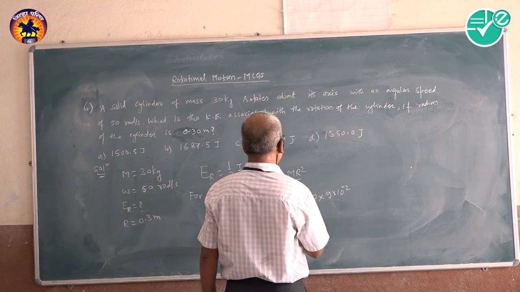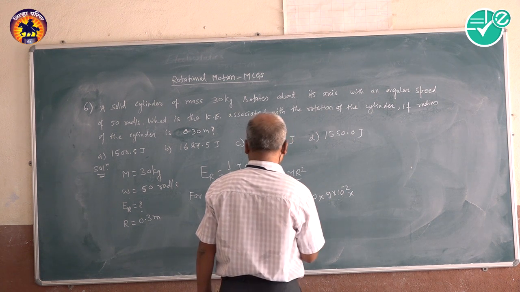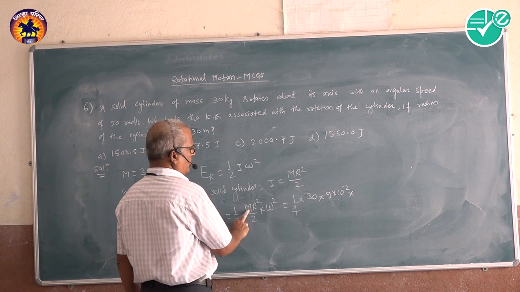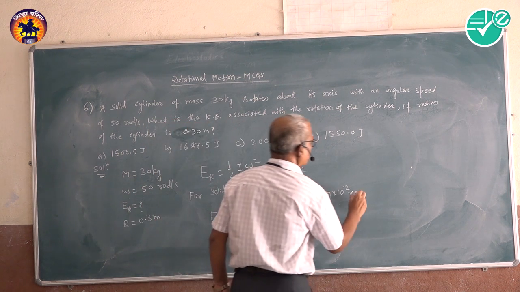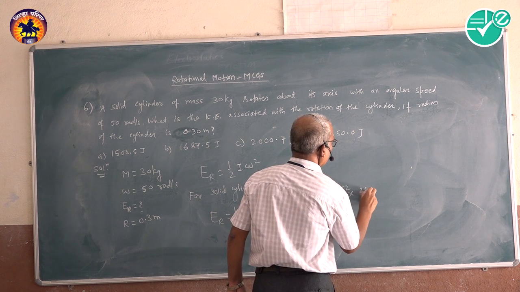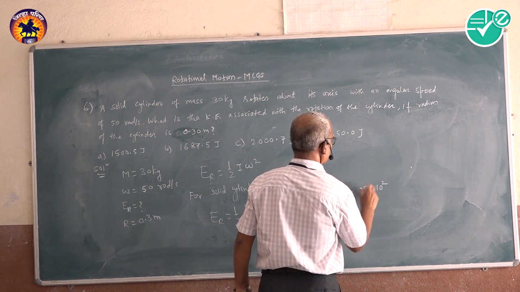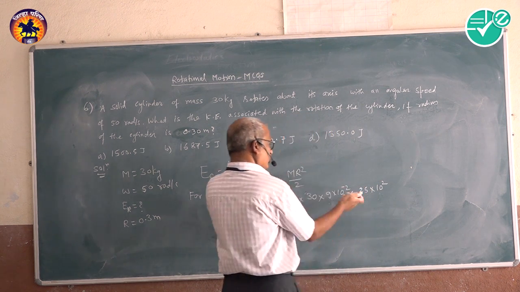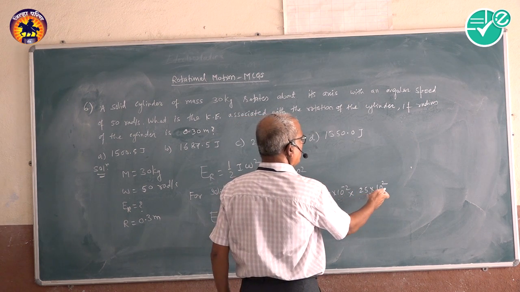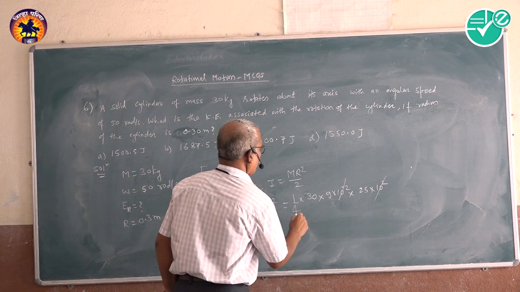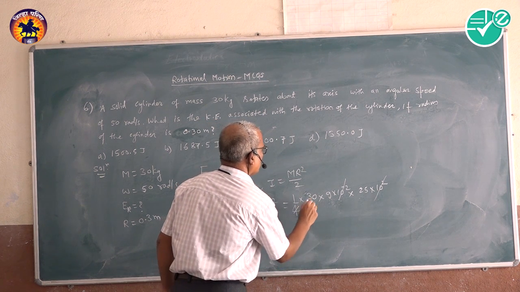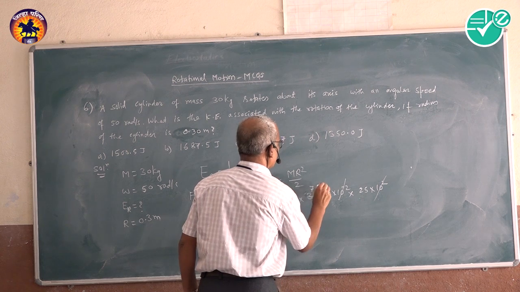So 1/4 into m into r square omega square. Omega is 50. 50 square means 25 into 10 raised to 2. 5 square is 25, 10 square is 10 raised to 2. So this will cancel with this, and this cancels with this, giving 7.5.